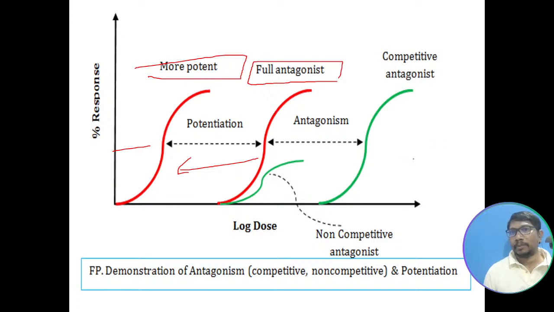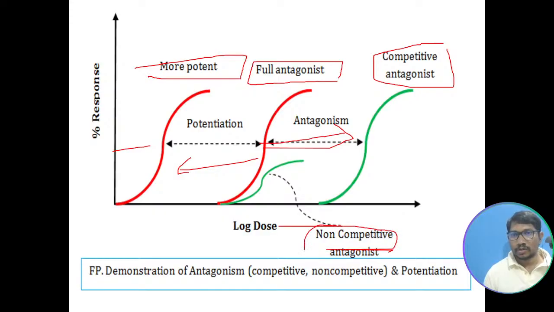Shifting of the curve towards the right side is known as antagonism. If it shifts in a parallel way, it is competitive antagonism, and if it shifts towards the right side in a non-parallel way, it is non-competitive antagonism. I hope you have understood it.